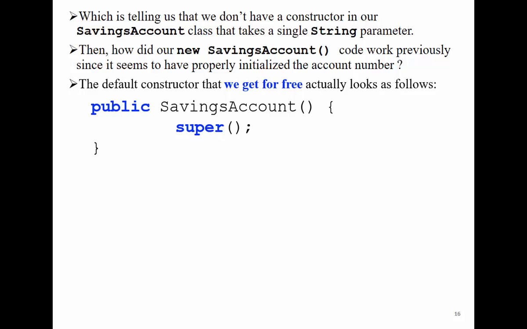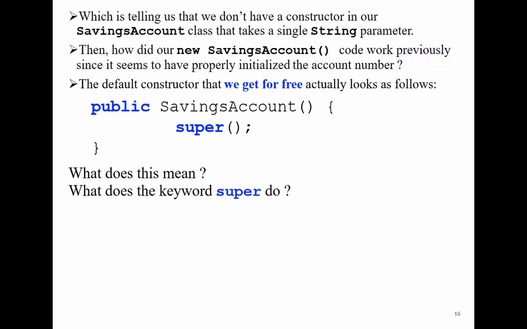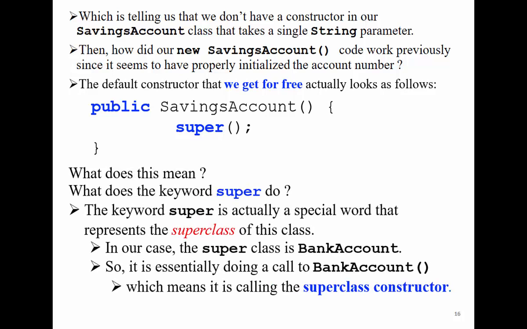What does this keyword super mean? This super refers to the superclass. In this case, the superclass is the bank account, and that is where we can construct the saving account, using the constructor of the bank account. So this is the default constructor we got from Java.